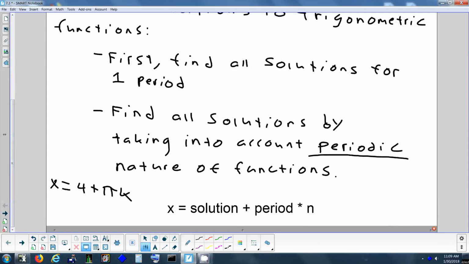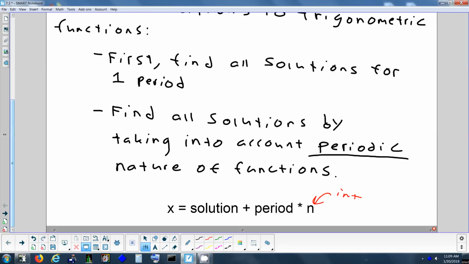But it doesn't really matter what letter you use. The book uses k. And remember, n is an integer, meaning you can add or subtract any integer multiple of the period to the answer you found, and you will find an answer in a later or earlier period. So that idea is the same.